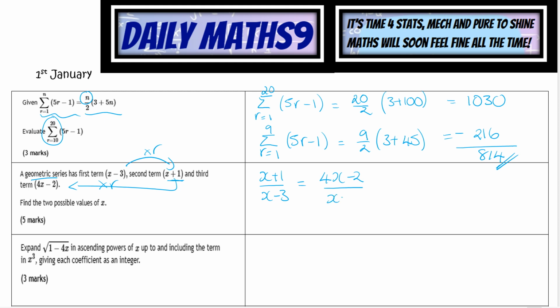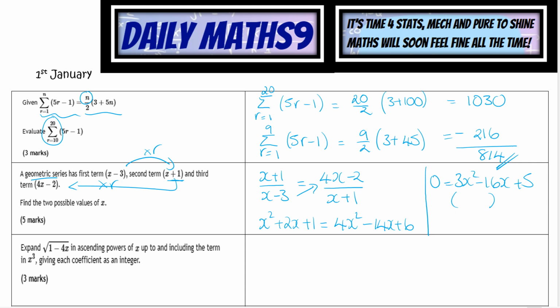And if we just cross multiply, we're going to get x squared plus 2x plus 1 is equal to, times those two together, 4x squared minus 14x plus 6. And then if we take everything to one side, you're going to get 3x squared minus 16x plus 5.